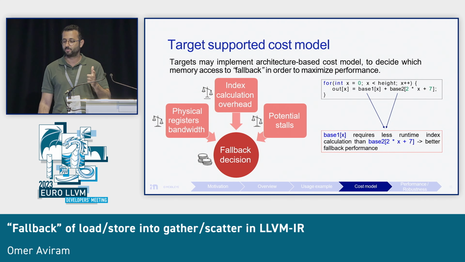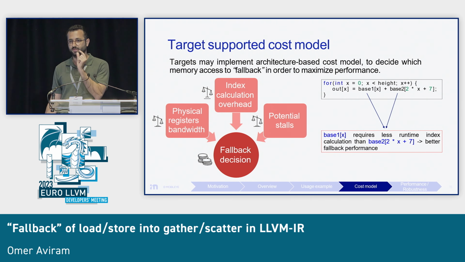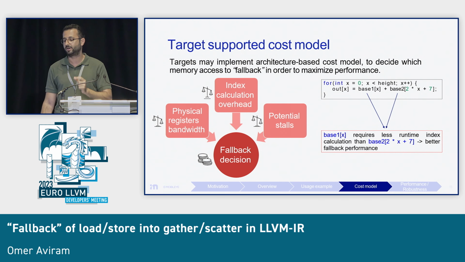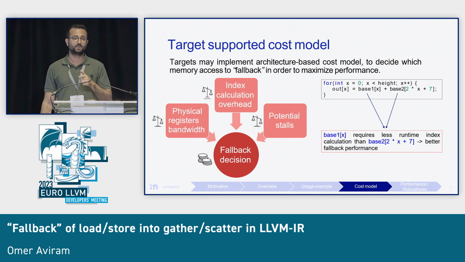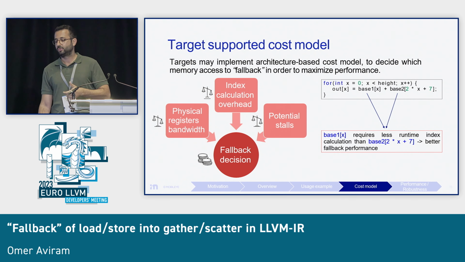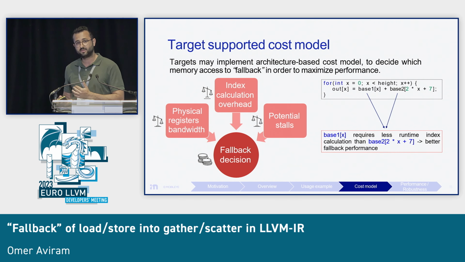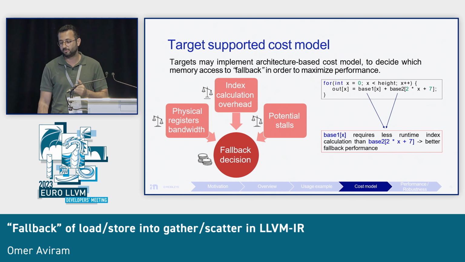The load from base 1 is just from a single index that is a direct index, the induction variable of the loop, x. While from base 2, in order to get the exact offset, we will need to multiply x by 2 and then add 7. This would add a runtime calculation overhead.